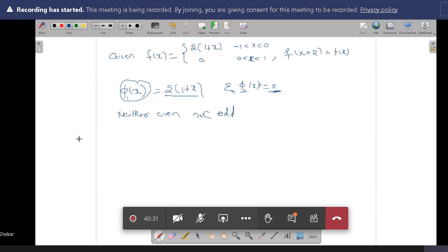So now I have to write the Fourier series full expansion, and I need to find A naught, An, Bn. Three terms I need to find.